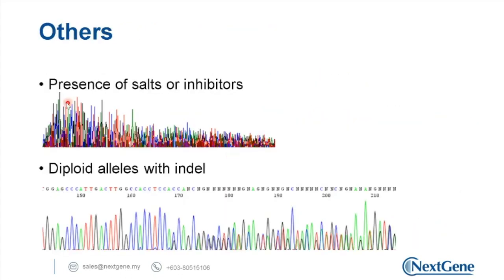One possible explanation for seeing this dropping of signal is the presence of inhibitors. The inhibitor might be killing the polymerase, causing the polymerase to no longer generate longer fragments, and therefore the numbers decrease, and that's why we have very little signal in the end. Also, salt can cause some issues and cause the signal to drop earlier.